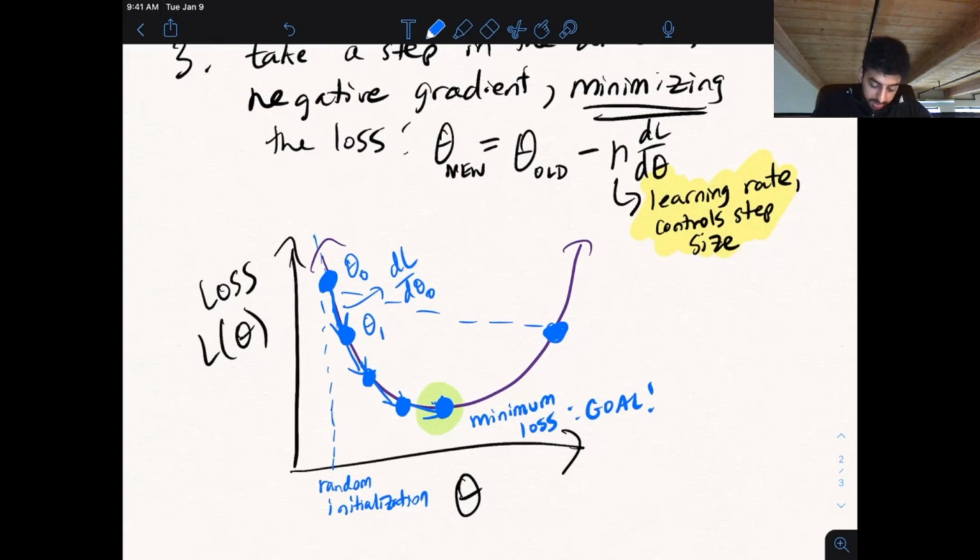And if my learning rate is too large, I might see a kind of zigzag pattern of my loss function where eventually I might get to the minimum, or I could just overshoot it completely and go somewhere else in the parameter space, which results in a higher loss. Maybe I'll get rid of these. That was just a demonstration of what happens if your learning rate is too high.